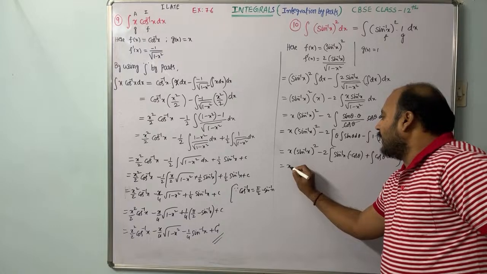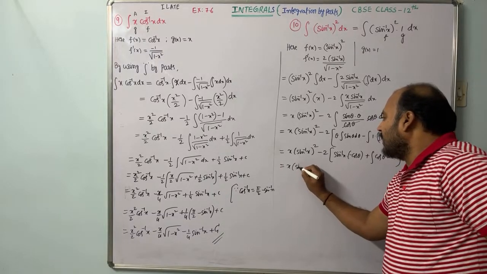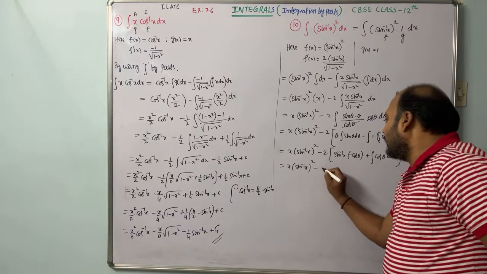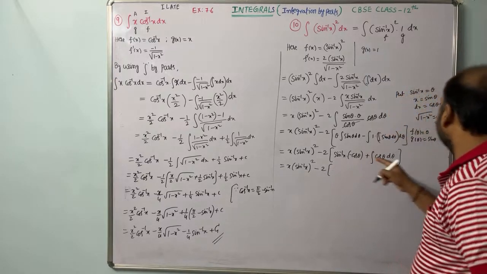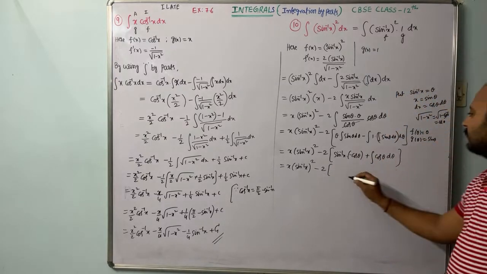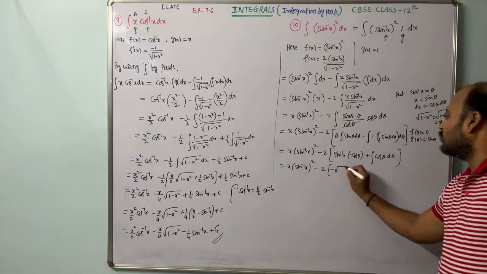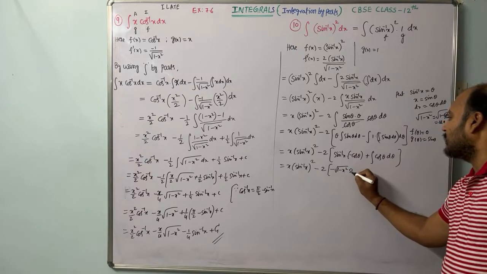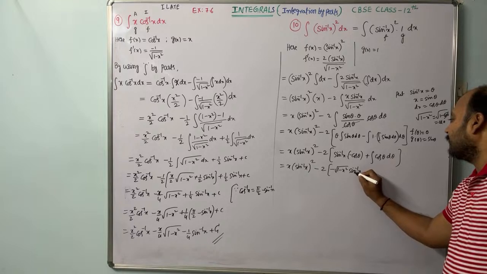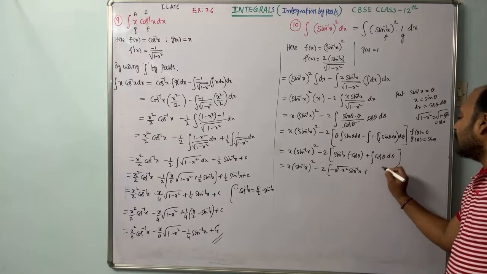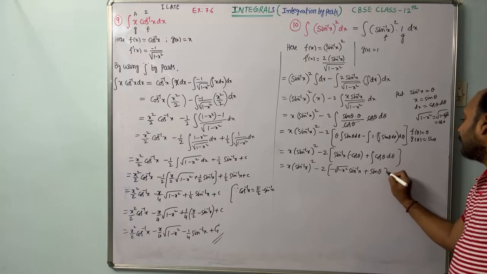That is equal to x into sine inverse x whole square minus 2 into cos theta, we can write it as minus root 1 minus x square into sine inverse x, plus integral cos theta is sine theta, plus c.